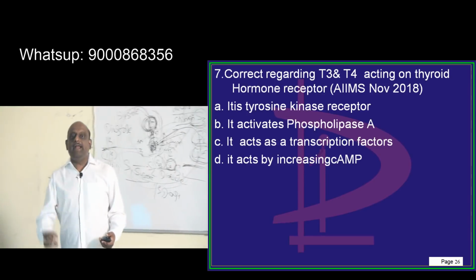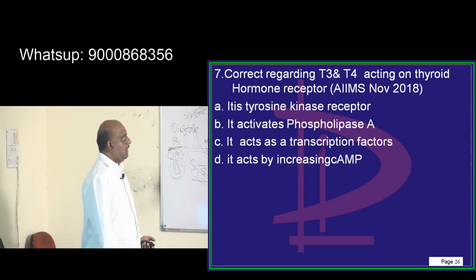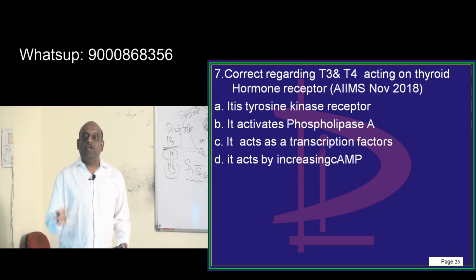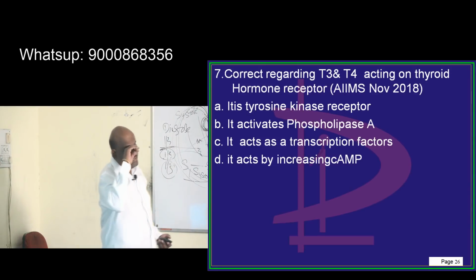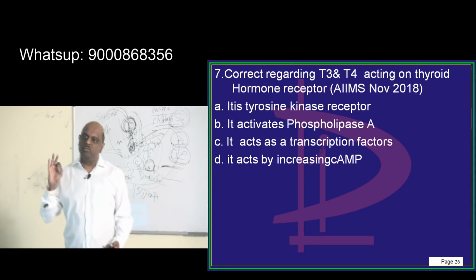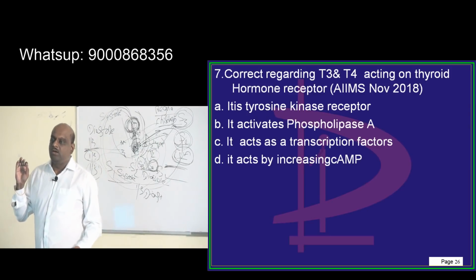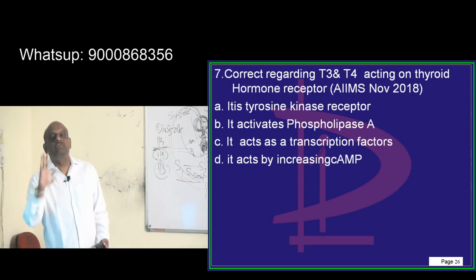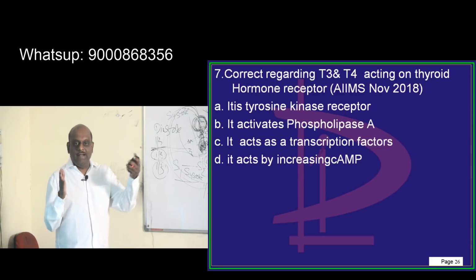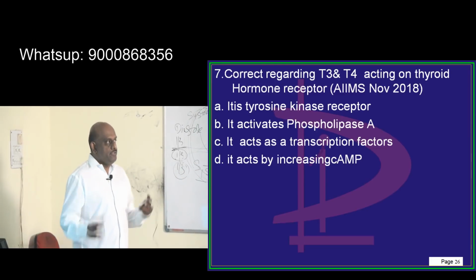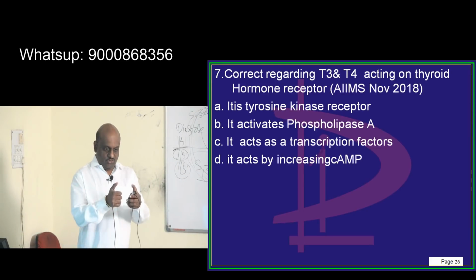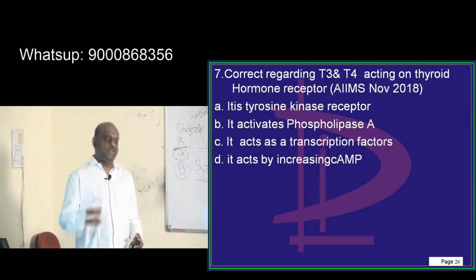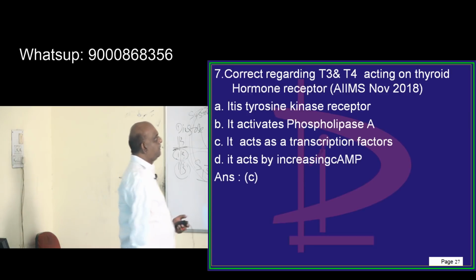With regard to T3 and T4, how do they act on the thyroid hormone receptor? Once more, secondary messengers, hormone receptors. Top high yielding topic in physiology. Out of the 30 topics in physiology that I have given you the list, today only you go and start playing quizzes until you get the confidence.